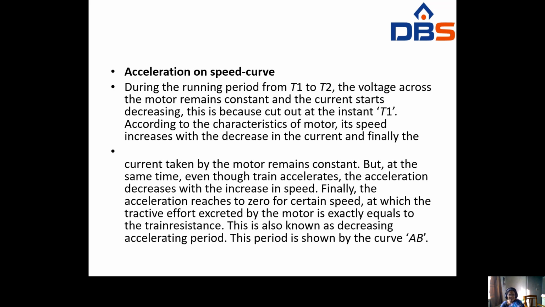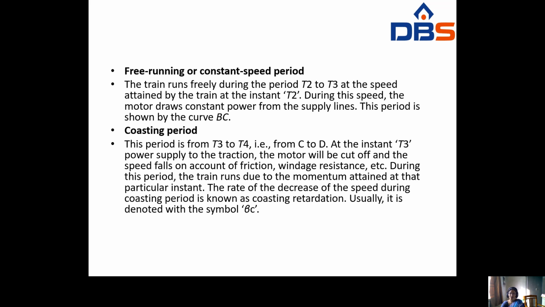So acceleration will decrease with increase in the speed. Finally, the acceleration reaches 0 for a certain speed, and the train will move with that speed. This decreasing acceleration period is shown by the curve AB. That is nothing but the acceleration on speed curve.